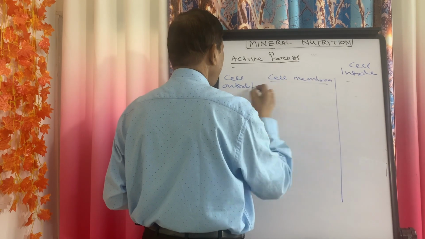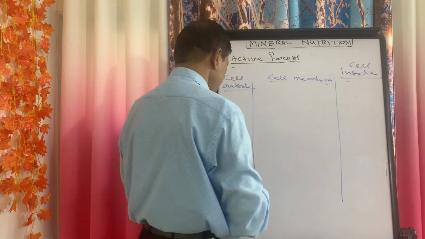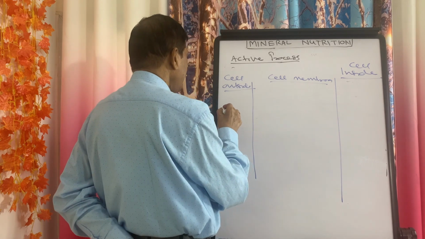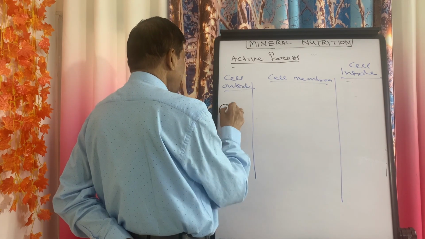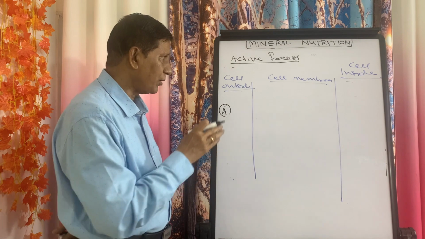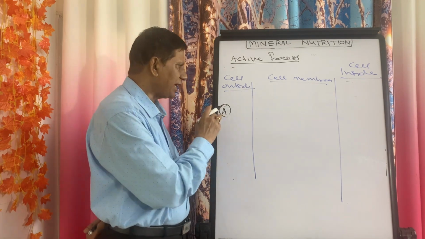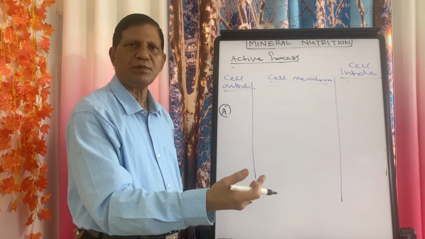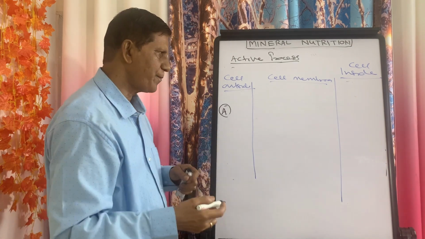The different anions are present outside. According to this method, only anions move with the help of carriers, and cations automatically move passively to maintain their balance.